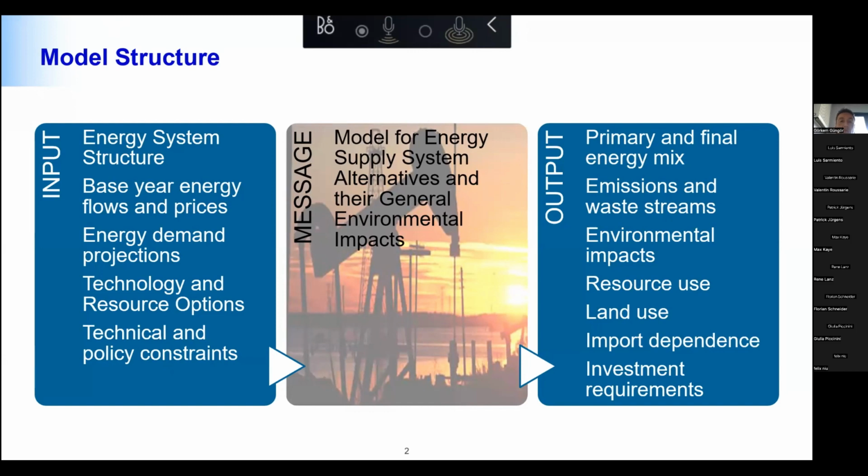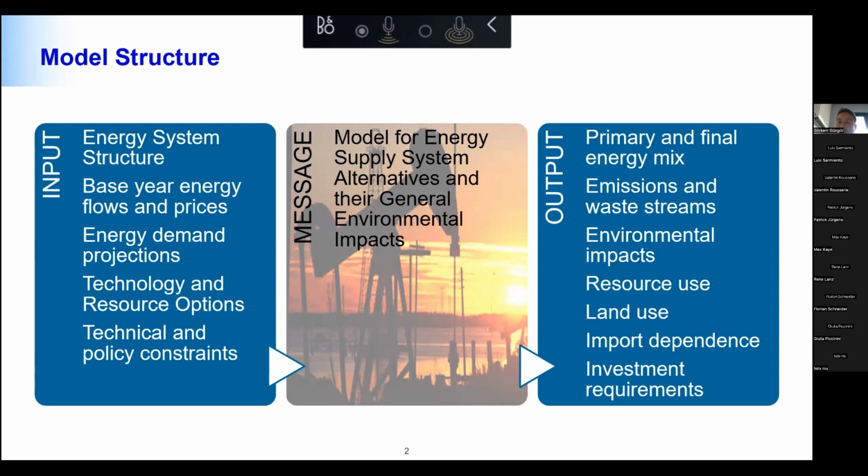You run the optimization solver so that you calculate the development of the energy system in an optimized way so that this energy system can meet the energy demand projections and can satisfy the technology and resource options, and the technical and policy constraints. So we have as the output of the model the primary and final energy mixes, the emissions.